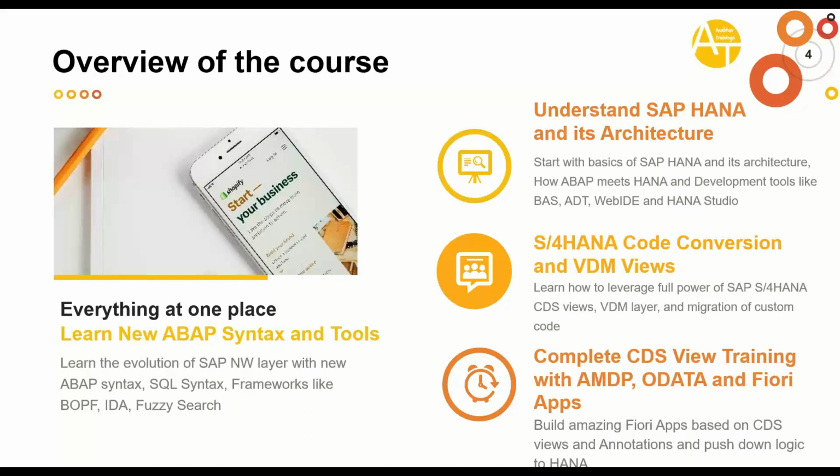Then we will learn complete CDS views along with ABAP managed database procedures along with SQL script with OData and Fiori app development on S4. So you will see how to leverage the Fiori development programming paradigm for S4 HANA and how to build fully optimized Fiori applications using CDS based OData and annotation concepts.